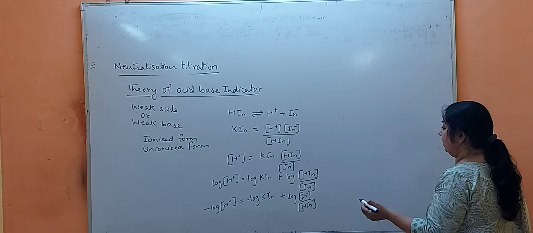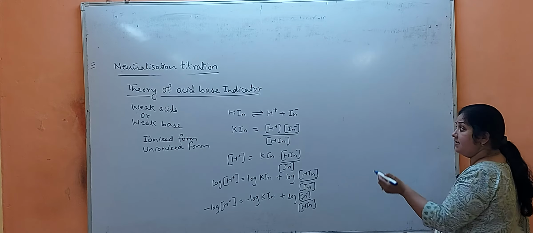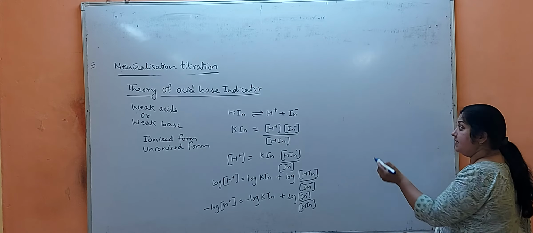Now we know that negative log of H plus is pH. Similarly, negative log of KIN is pKIN, plus log of IN minus upon HIN, that is ionized form upon unionized form.